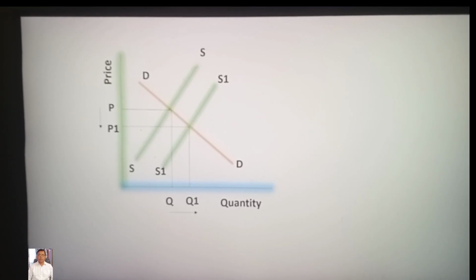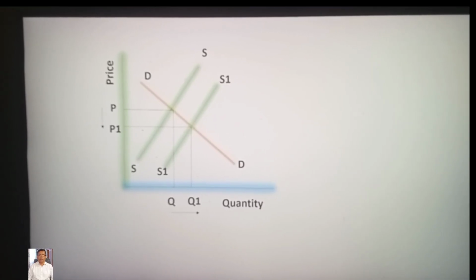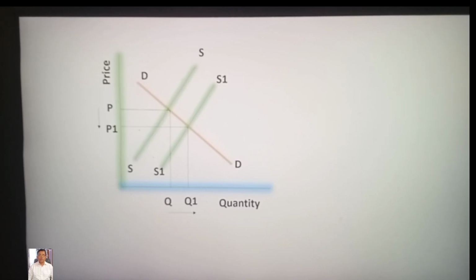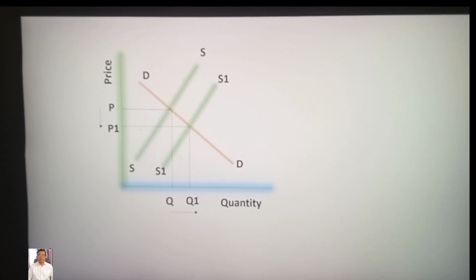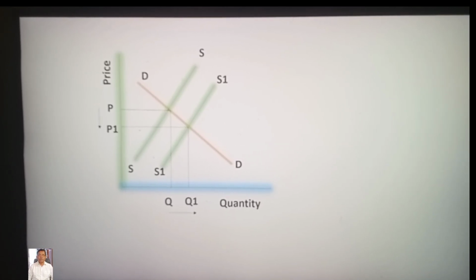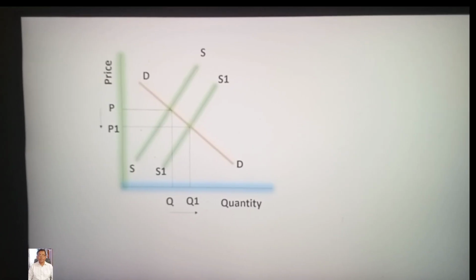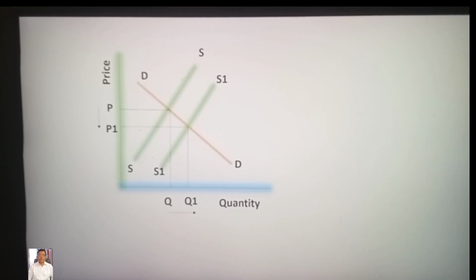In the diagram, a subsidy has been imposed on a good, causing its supply to shift from S to S1. It results in a fall in price from P to P1 and subsequently an increase in the quantity traded in the market from Q to Q1.